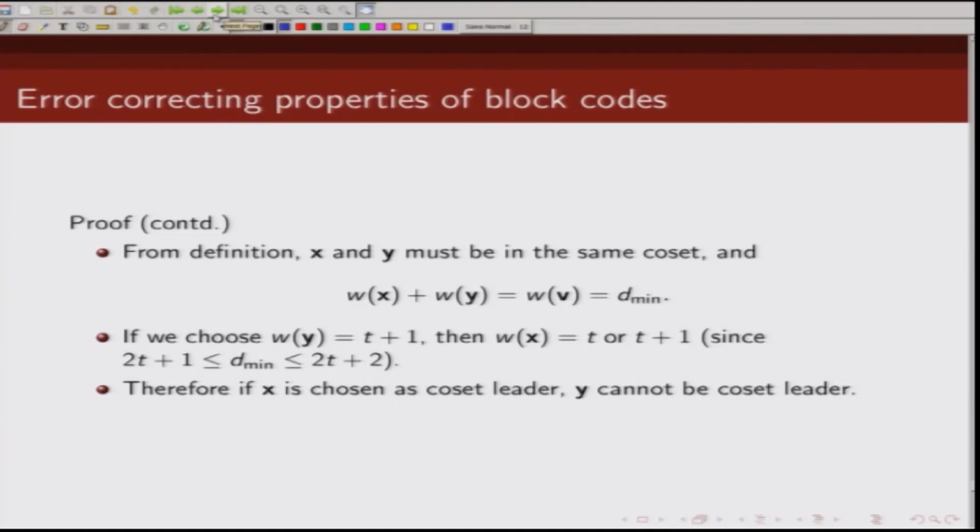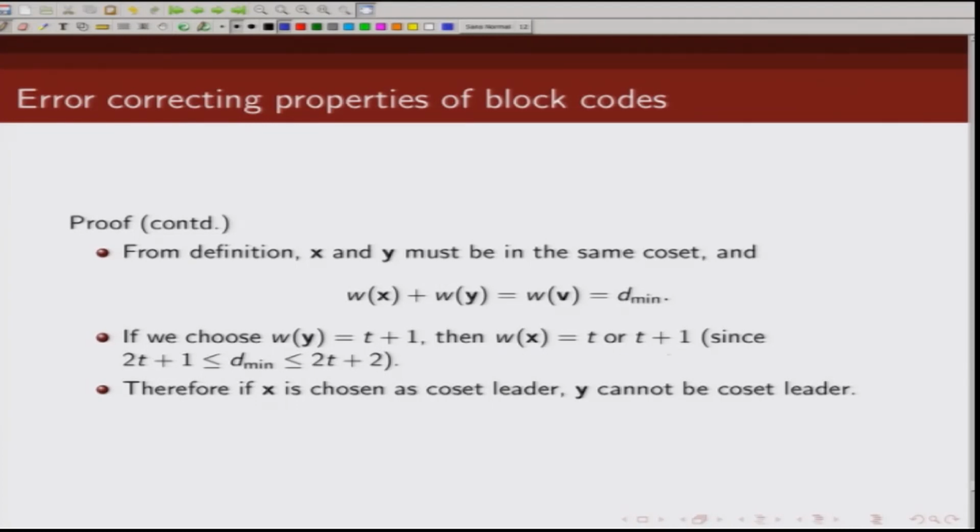So, therefore, if we choose x to be our coset leader, then we cannot choose y as our coset leader. You can see, because x and y are in the same coset, and the weight of x is t or t plus 1, whereas the weight of y is t plus 1.